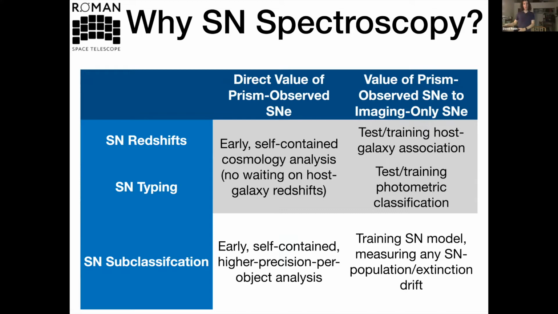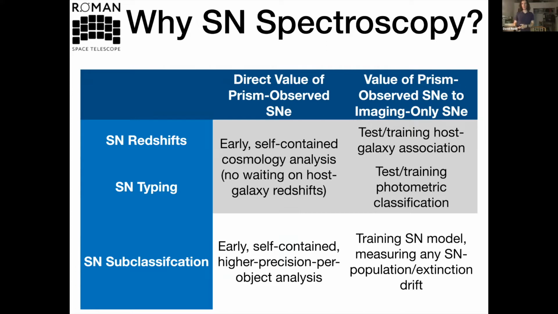So if you think about the larger, more like 10,000 supernovae coming out of just the imaging, getting a subset of those observed with the Prism lets you get your photometric classifier trained over exactly the same redshift range, over the exact same sort of data.